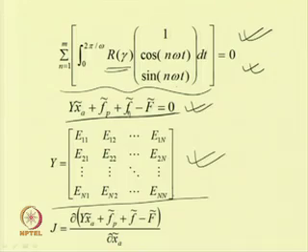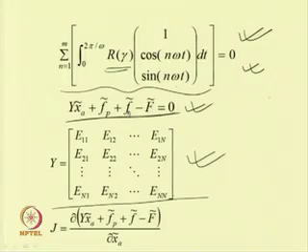So, instead of solving this n dimensional equation using this Runge-Kutta method, one can use this Newton-Raphson method, because this procedure requires the calculation of this Jacobian, and it will converge very fast.